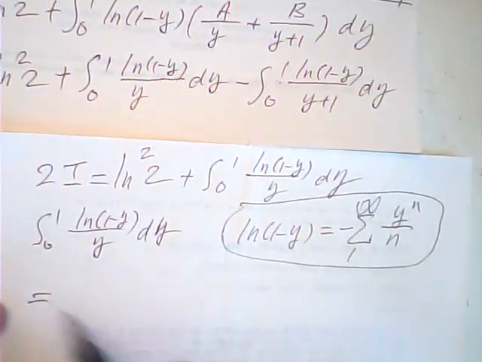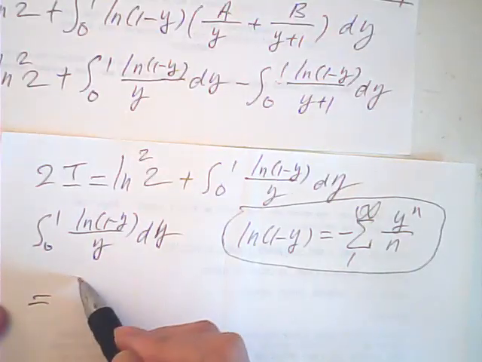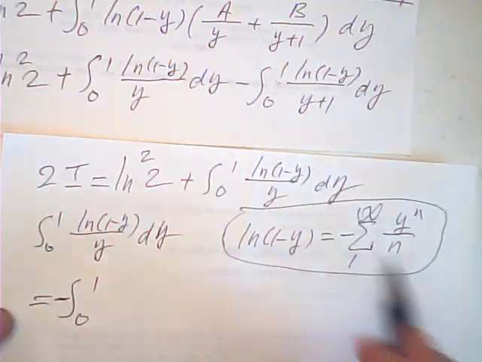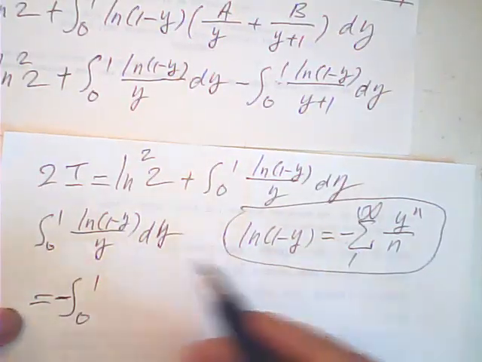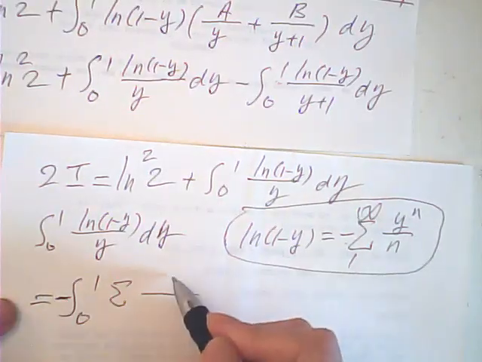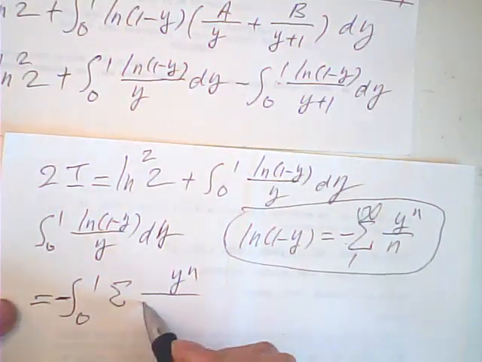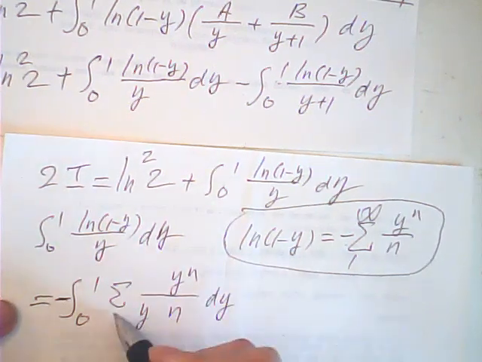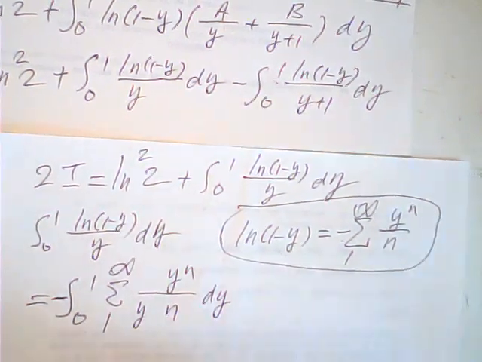Now then this one is equal to the integral of negative sigma y^n over n dy from 0 to 1.